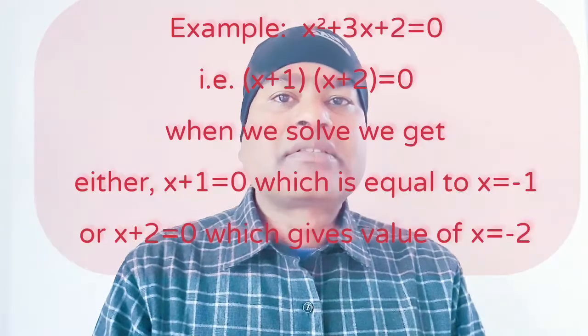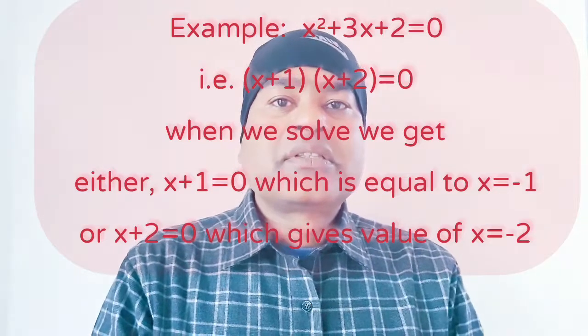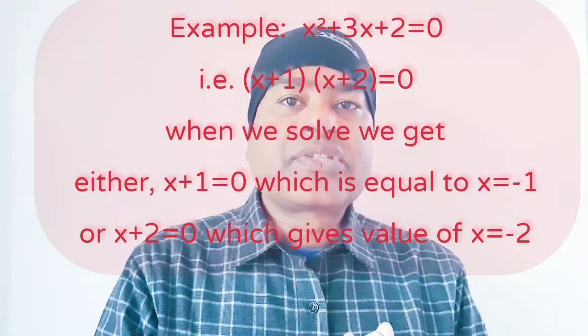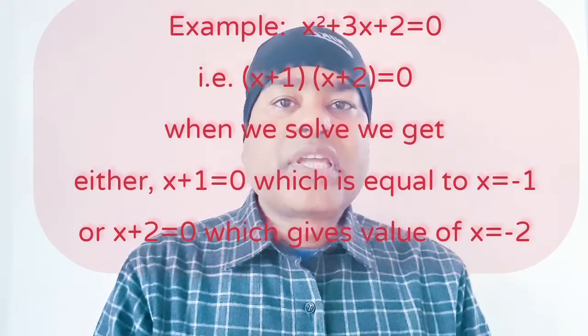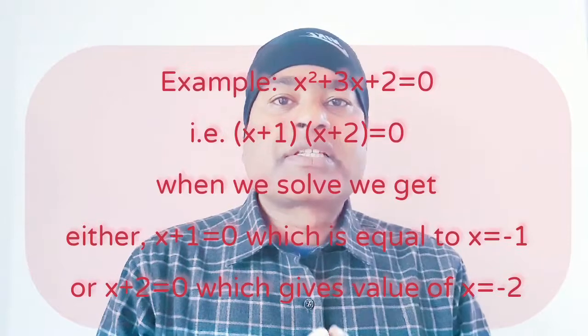In the factorization method, at first we factorize the quadratic equation, and we have to know that the right hand side term should always be equal to 0. That means the given quadratic equation should always be in the standard form. Then only we factorize. After factorization, we get two factors.